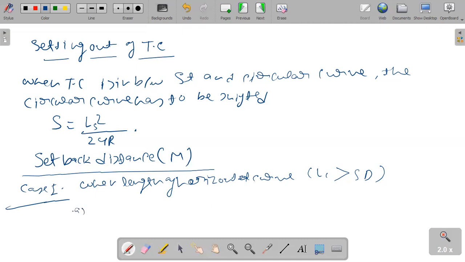Here we'll discuss for single lane and for multi-lane.